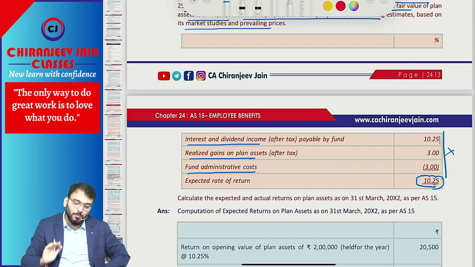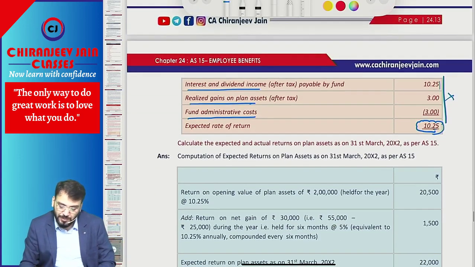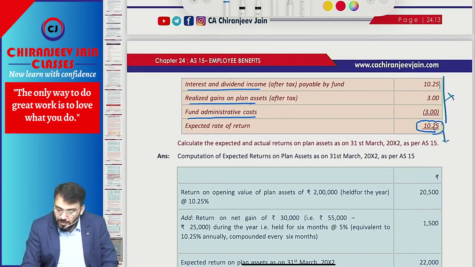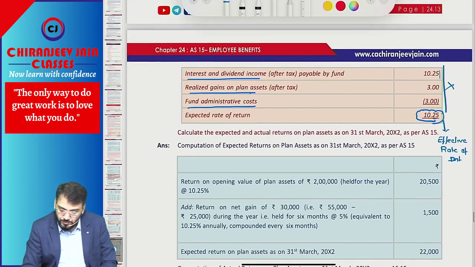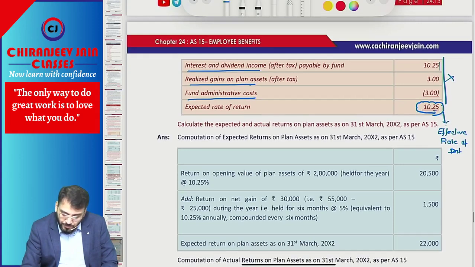But from exam point of view, one assumption will prevail. This is the effective rate of interest. Effective rate of interest.